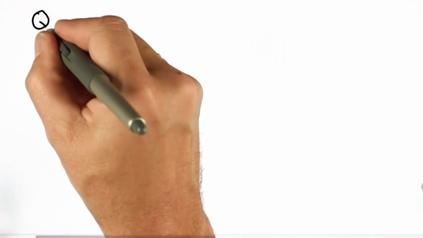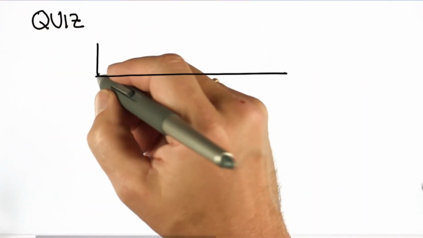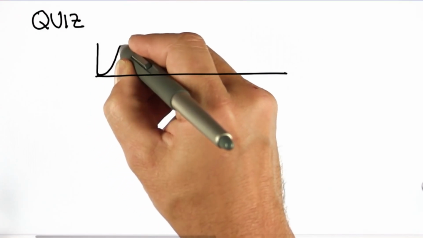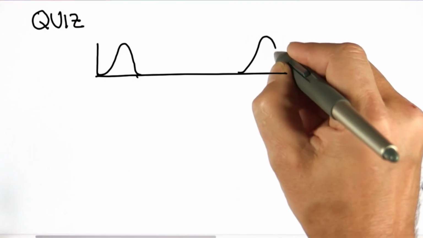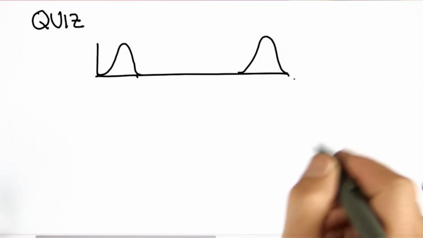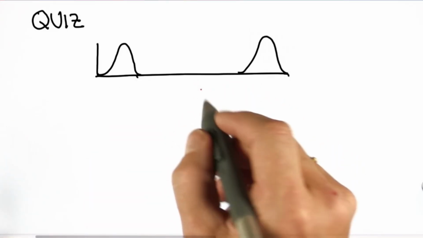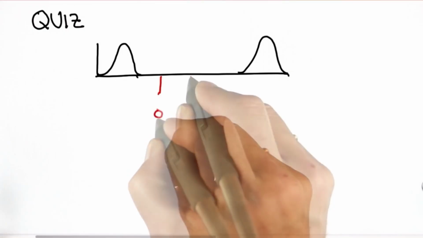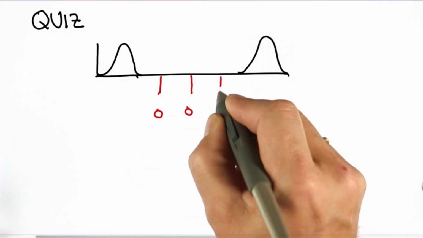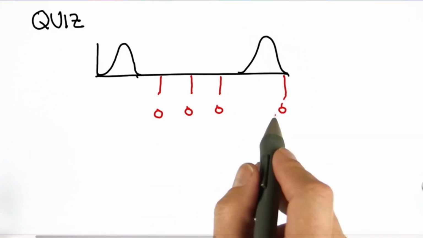Let me ask a different quiz, which follows from the math, but it tests your intuition. Suppose we have a prior that sits over here and a measurement probability that sits over here, really far away, and both have the same covariance. Let me first quiz you on where the new mean would be. Is it going to be here, here, here, or here? Please check the corresponding check mark.